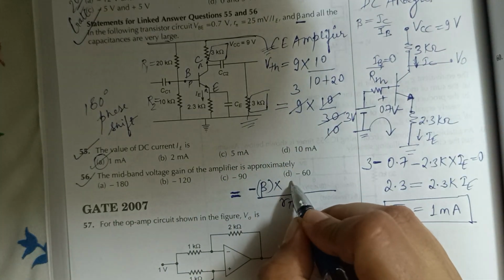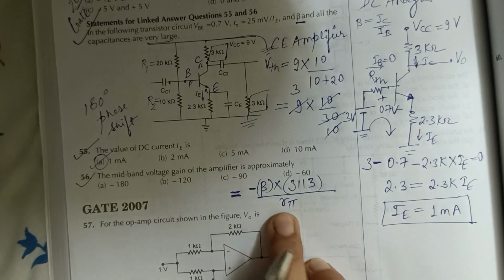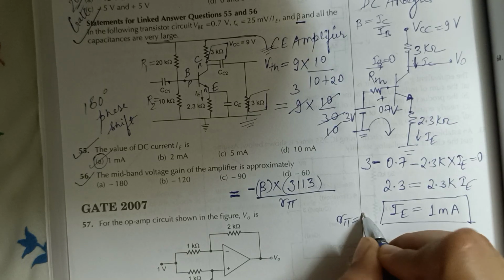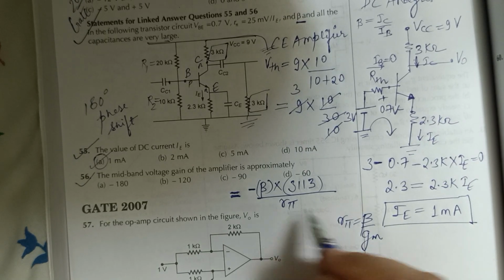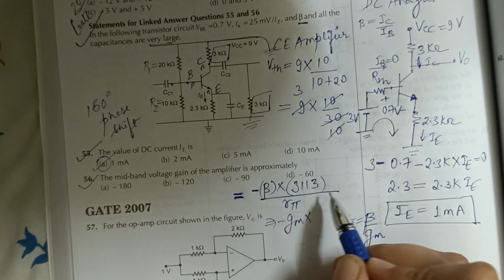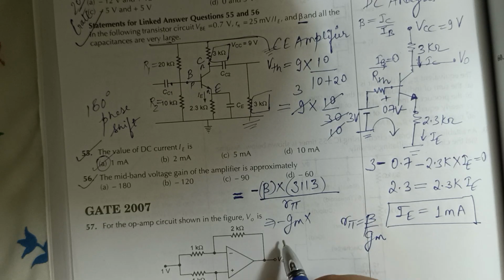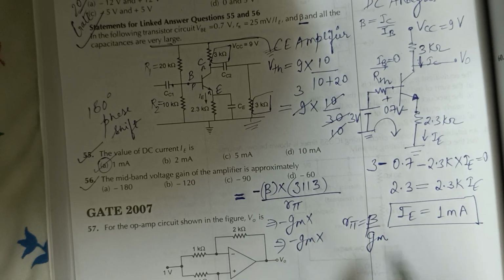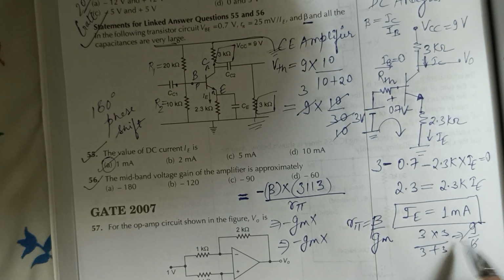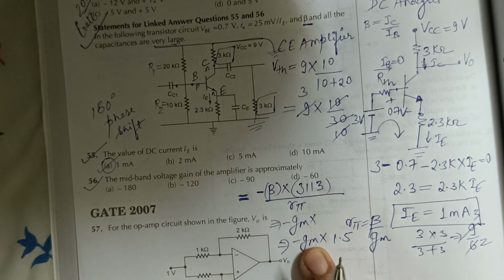So we get 3 parallel 3 here, and you know that R pi is written as beta by gm, right? So you get minus gm into 3 parallel 3. So what is the equivalent resistance? Minus gm into 3 into 3 by 3 plus 3, which is 9 by 6, so it will be 1.5.